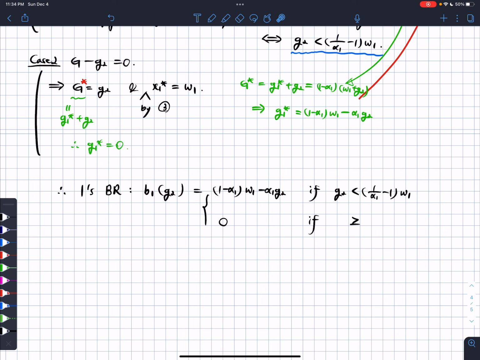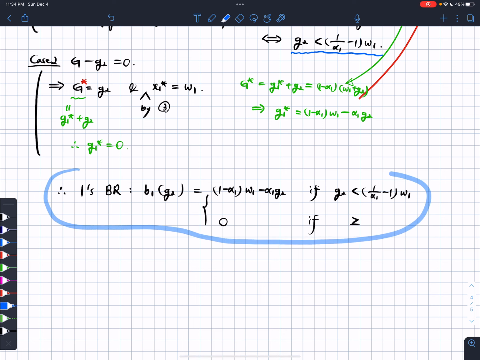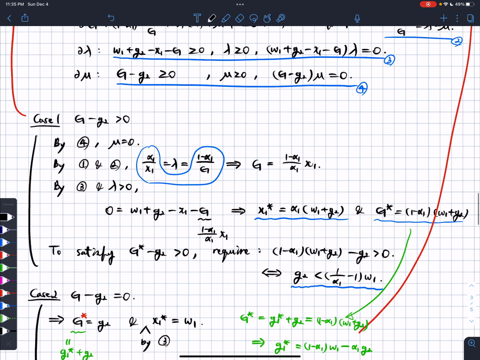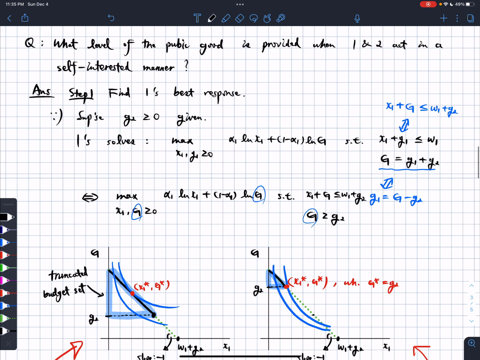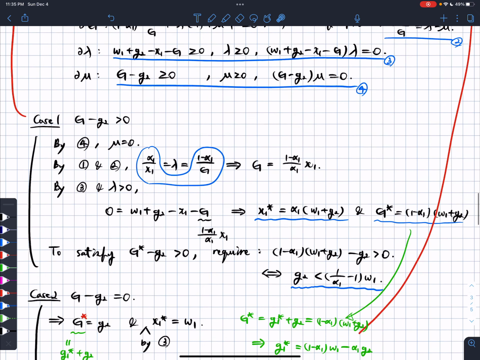So to summarize, this is player 1's best response. This is the most important thing in this step, okay? And step 2. So step 1 was what? Again, find player 1's best response. And step 2 would be to find player 2's best response.